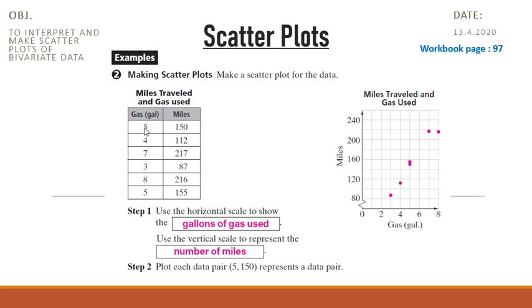The first point 5 and 150. 5 gallons and go up to 150 and plot the point. Okay? After that the next point, 7 and 217. 7 and go up to 217. Okay? Till you finish. Is it clear now? Yes. Okay.